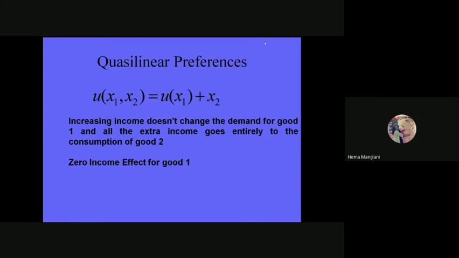The real income which is enhancing for the consumer is now spent on this x2. So we call it a partially linear utility function, and that's why we call it quasi-linear utility preferences. And we say that there is zero income effect for good one in this particular analysis. So our utility function here would remain constant, and entirely this x2 you are spending.